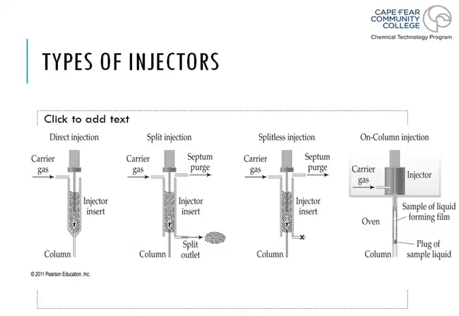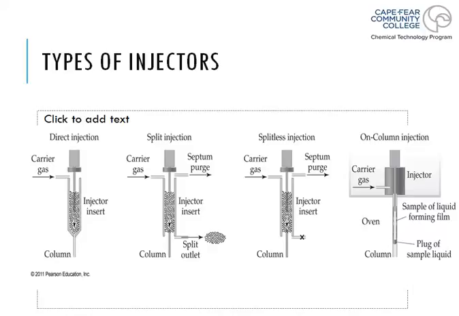Here is that dial up here at the top, and there's my rubber septum. And my helium comes in, and here is my sample. And my helium mixes with the sample that's heated, and then it goes into the column eventually. Now, the thing here with direct injection is that this is traditionally a packed column, not a capillary column.